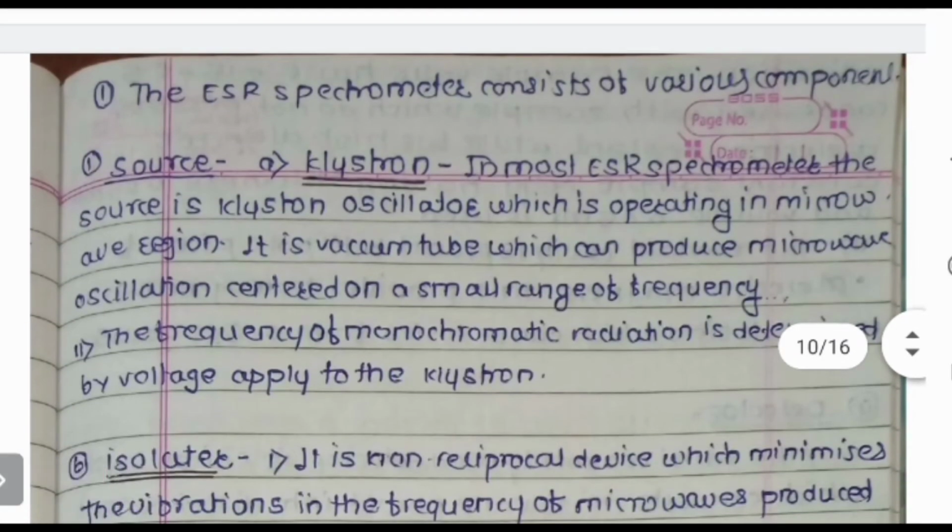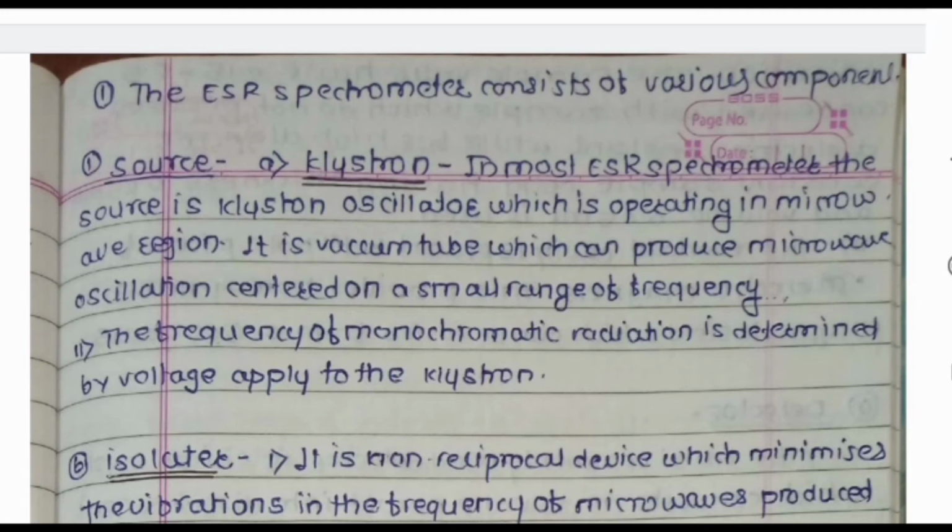The ESR spectrometer consists of various components. Out of these, the first component is the source, and specifically we are looking at the klystron source. Most ESR spectrophotometers have a klystron oscillator as the source, which operates in the microwave region.